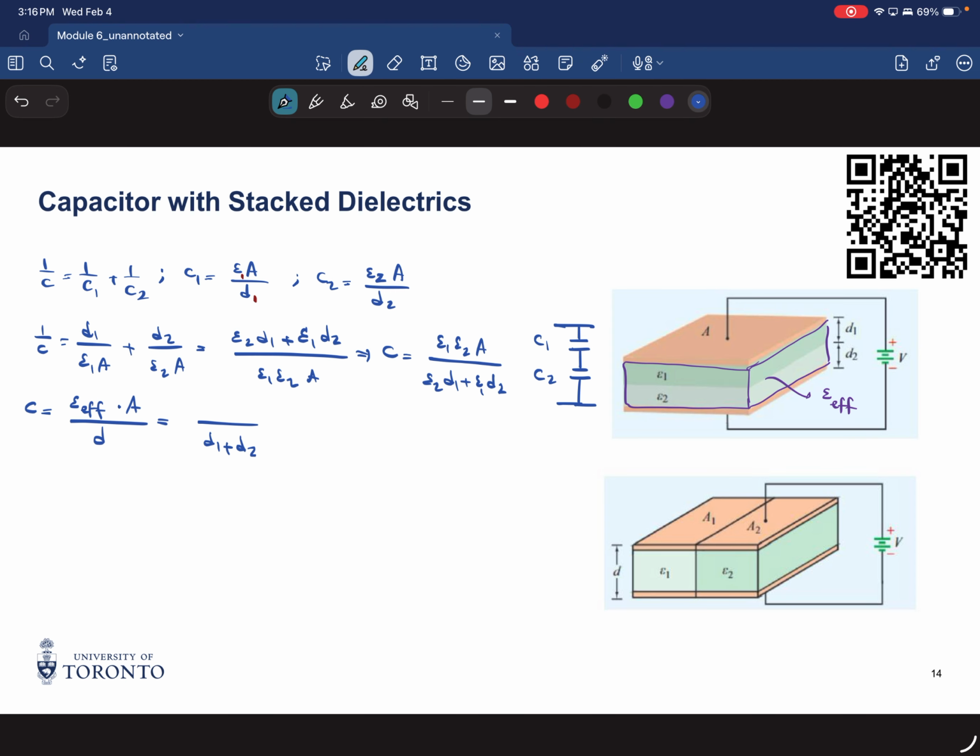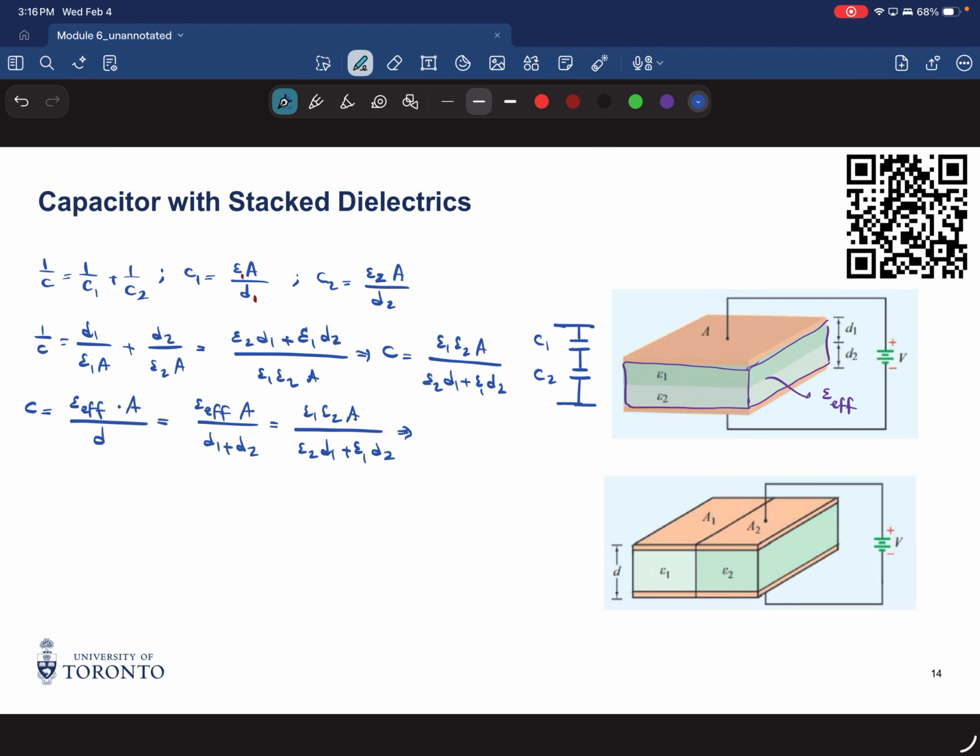So C is epsilon effective A over D1 plus D2, and as you can see, this is epsilon 1 epsilon 2 A over epsilon 2 D1 plus epsilon 1 D2. So this way, you can find the effective permittivity of these two materials being stacked together with two different thicknesses.